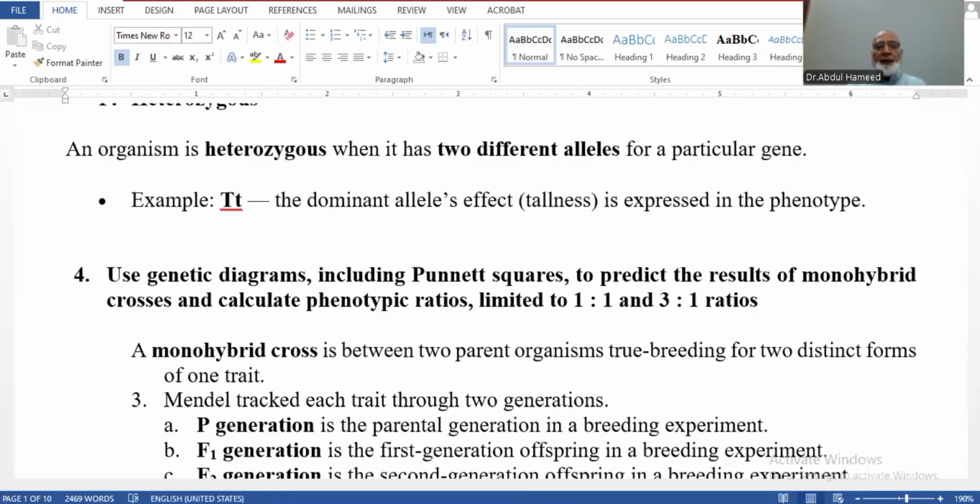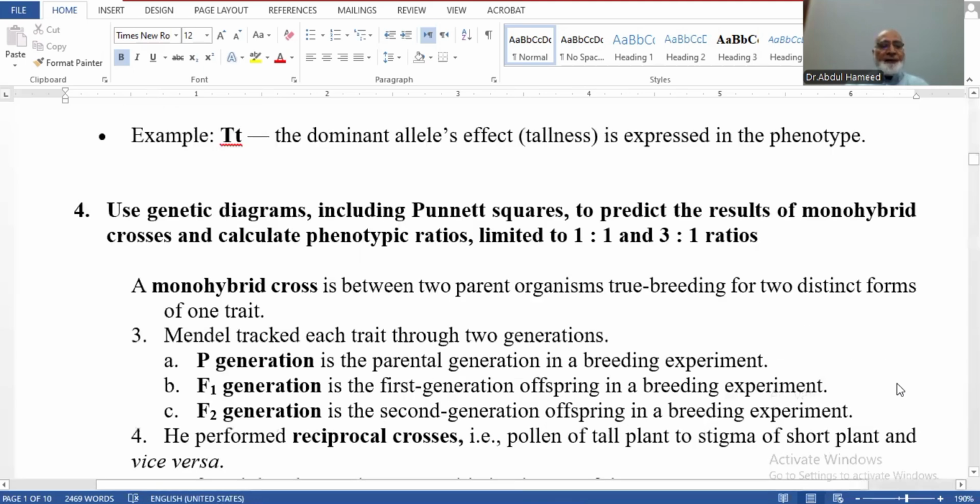This is only at O level, only one character at a time, which is monohybrid. A monohybrid cross is between two parent organisms which are true breeding for two distinct forms of one trait. Trait is one, but there are two contrasting features, characters. For example, flower color, red or white, and many others.